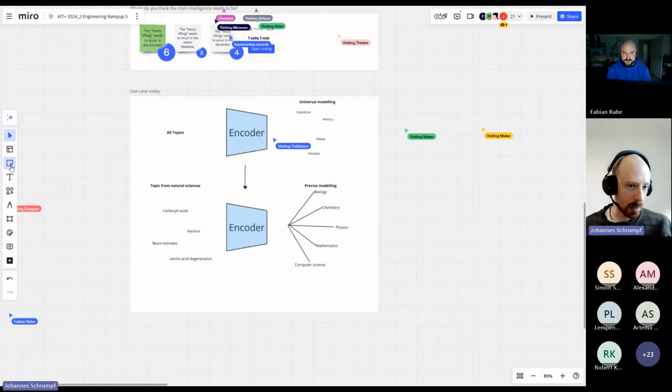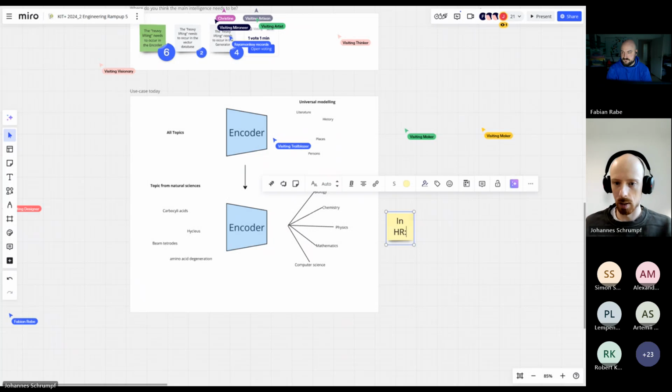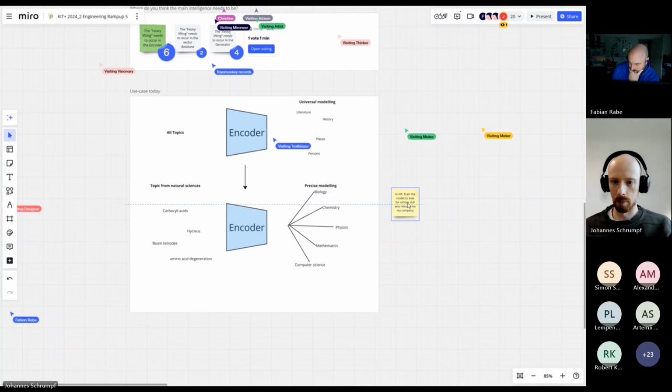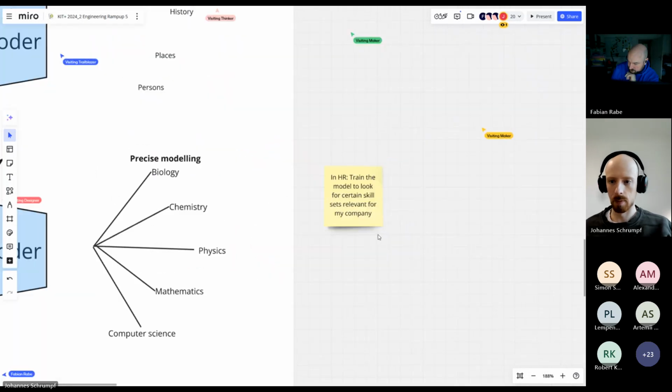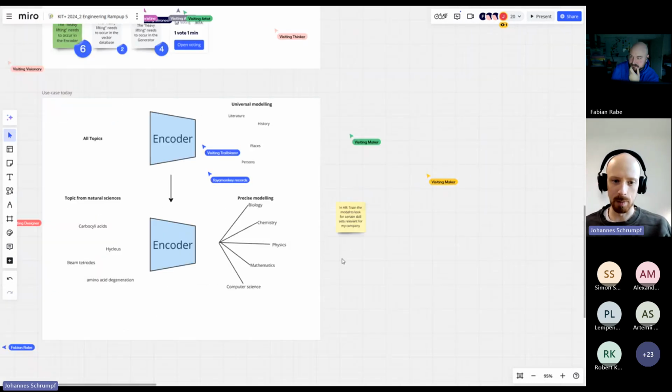I can, for example, think of something where maybe we can collect some other advantages of doing this.